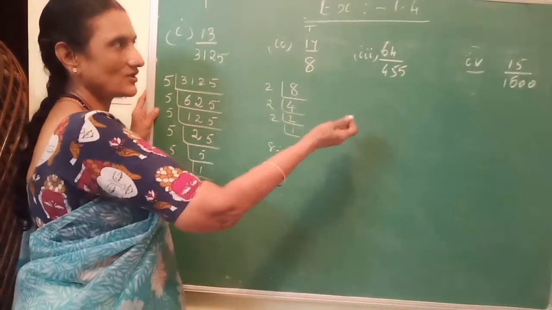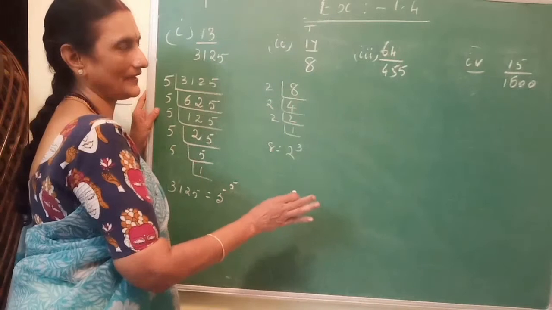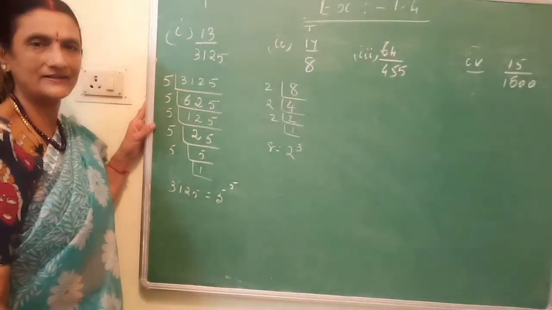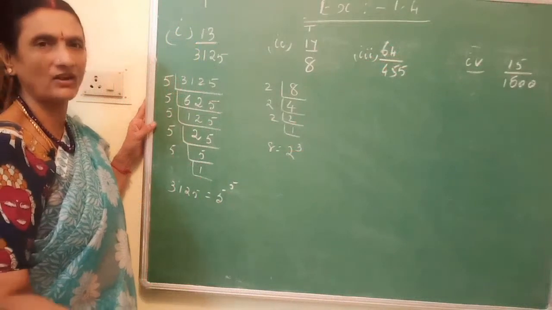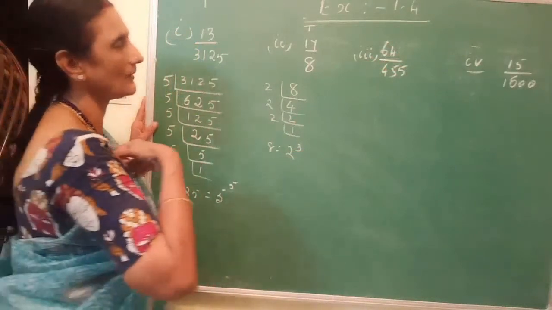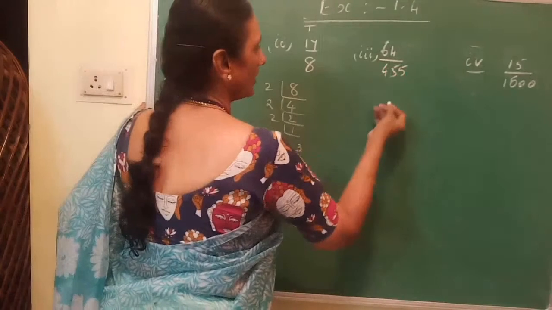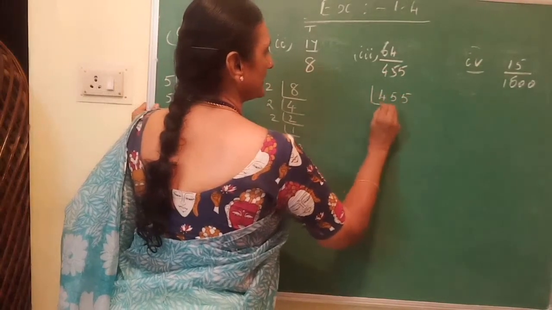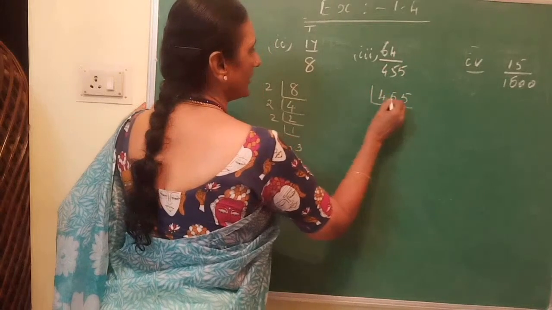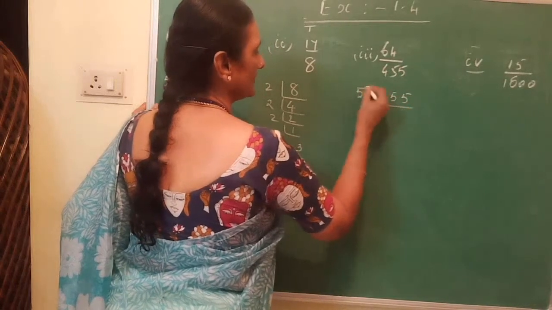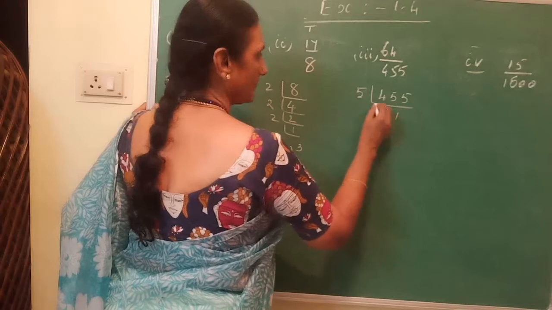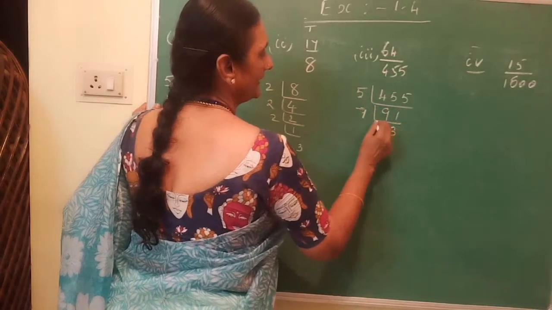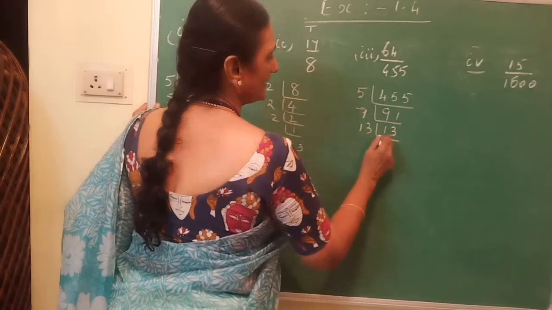Next, we will move on to this. This has got 455 in the denominator. Obviously, the numerator and denominator cannot be cancelled by a common factor. So we have 455 as the denominator, which we can factorize. It is obviously divisible by 5. Then 91, which is 7 times 13, so we get 1.